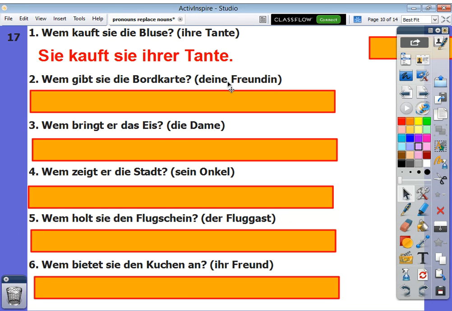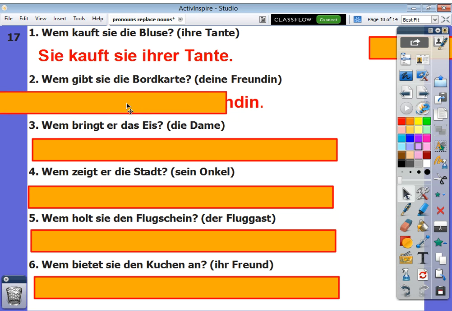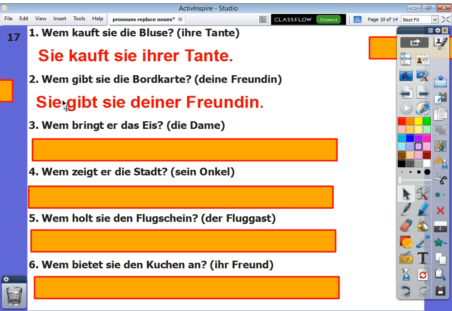Okay, so let's make this into the dative. What would that be? Correct, deiner Freundin. All right, how would we replace die Bordkarte? Just like the one above, it would be sie. Okay, so now we have flip-flopped it. Okay, normally the order would be deiner Freundin first, and then die Bordkarte, but now we've had to flip-flop it.